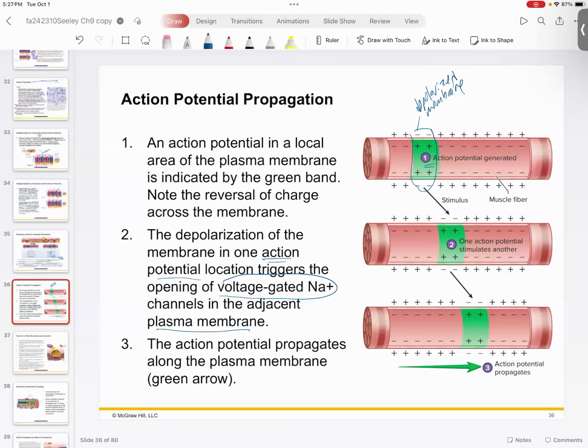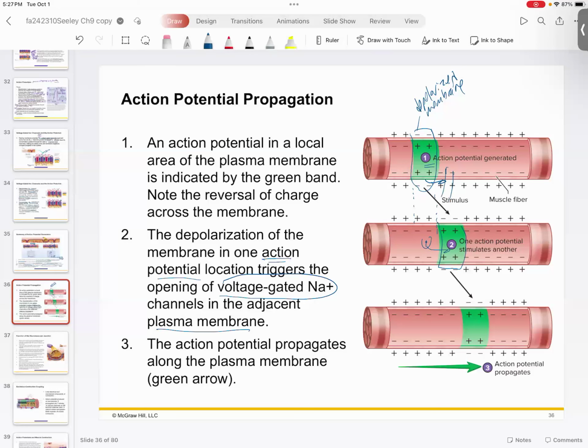So for instance, this particular piece of membrane right here, which was depolarized a second ago, will actually trigger the voltage gated sodium channels in the next membrane. And so they will allow the sodium to rush in, and it means that they will become depolarized. So now you've gone from section 1 to now section 2. So that's basically the new depolarized piece.